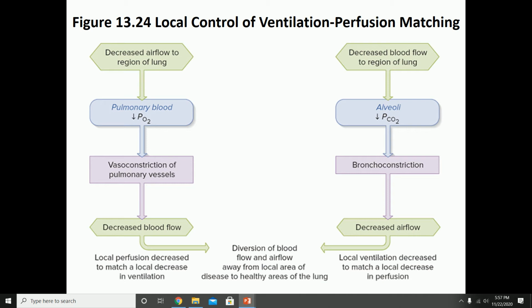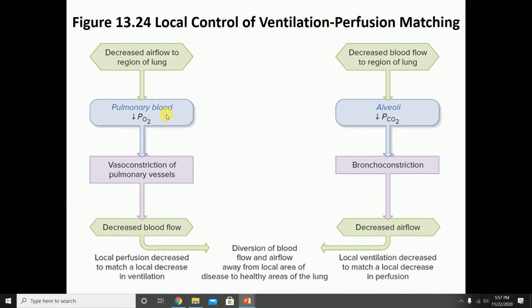Now, the blood going to that area, in the capillaries that should be perfusing that area, is going and leaving, but there is no exchange of gas that is happening in that part of the lung because there's no ventilation there. So these blood vessels are going to vasoconstrict and divert that blood away from the part of the lung that is not properly ventilated to other parts of the lung that are healthy.